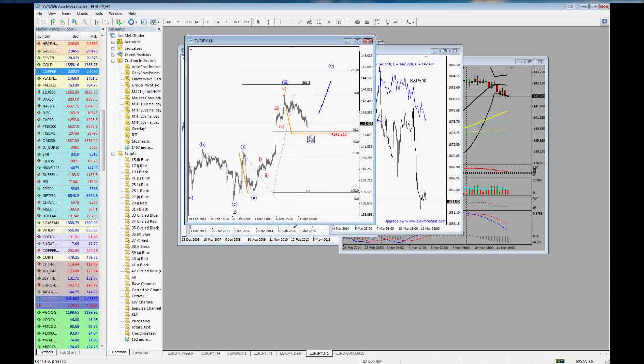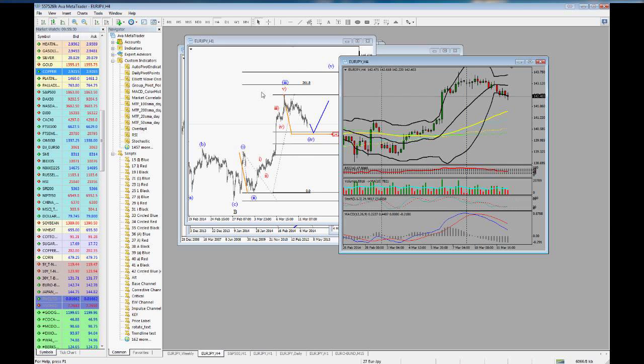So if this market will stay in play in an uptrend, then you want to see a bounce here, or maybe even from current levels. Obviously you don't want to see a move back beneath 141.30.